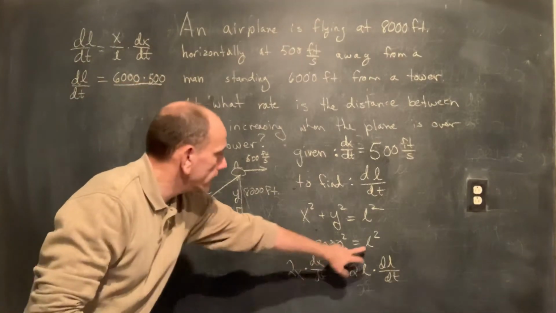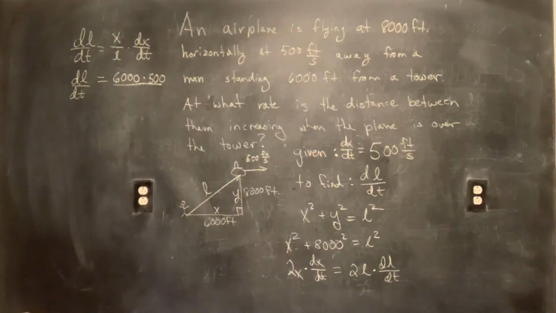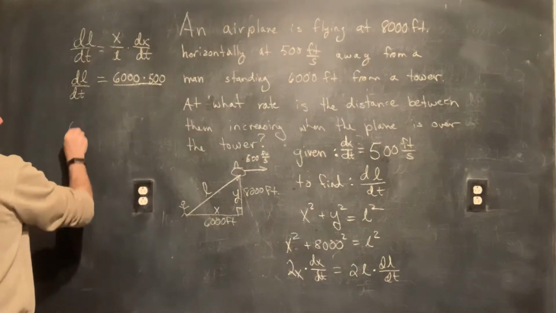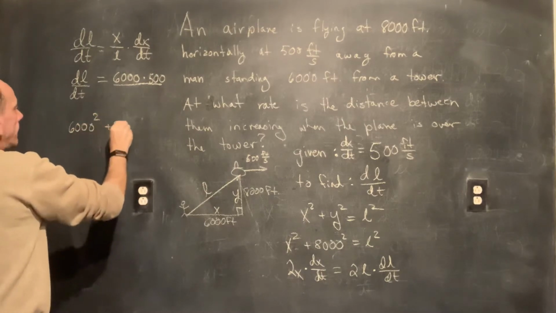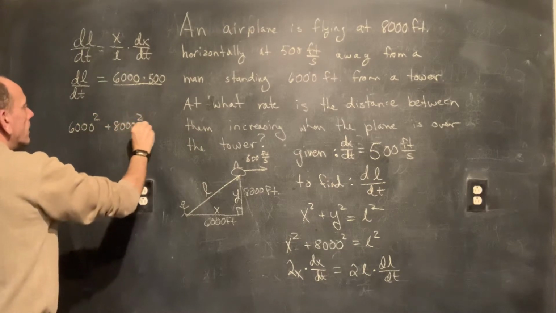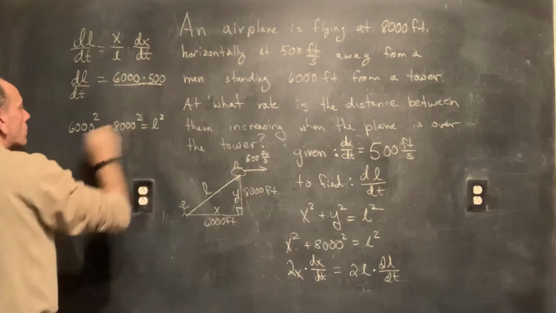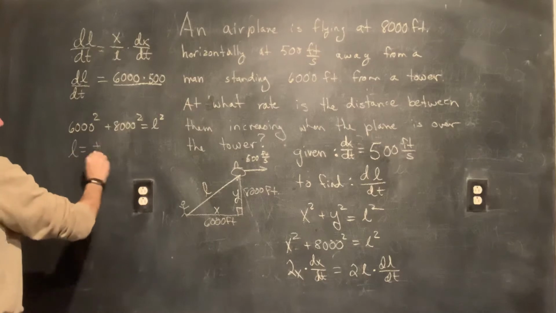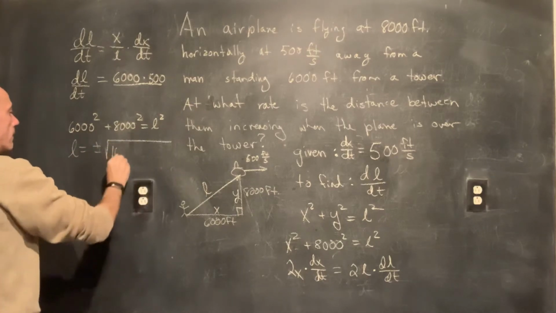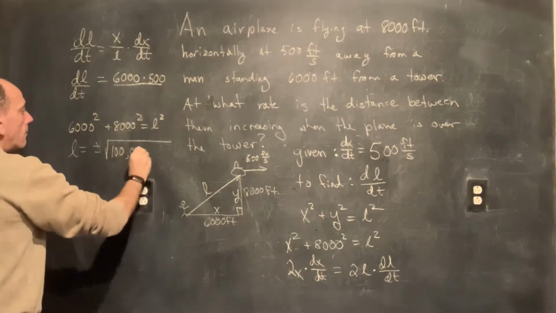Let's see if we can figure out what L is. Well, we have it really here. We have 6,000 squared plus 8,000 squared is equal to L squared. So L is equal to plus or minus the square root of, what, it's 100 million.